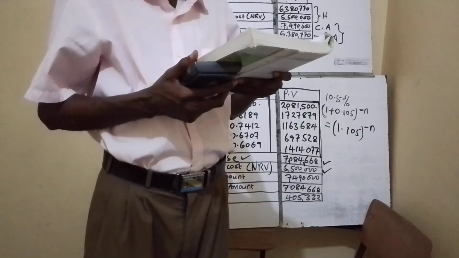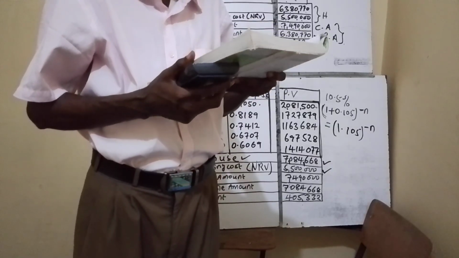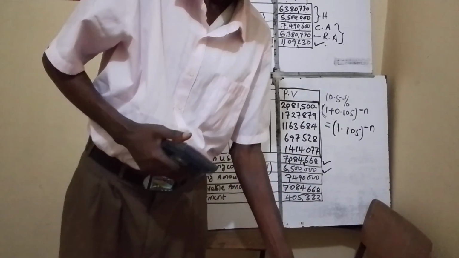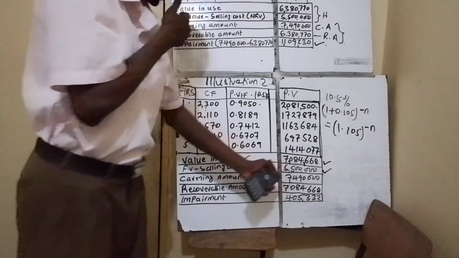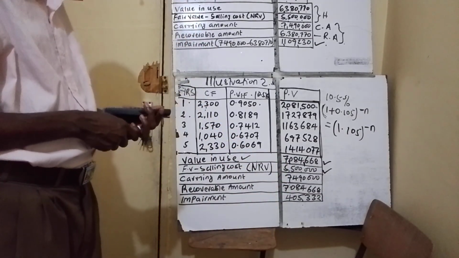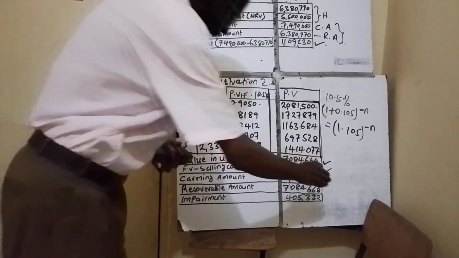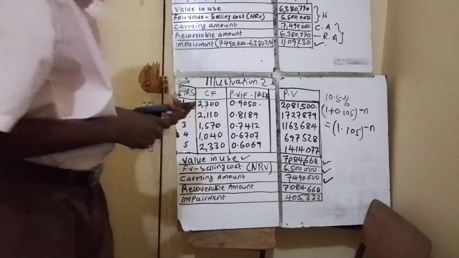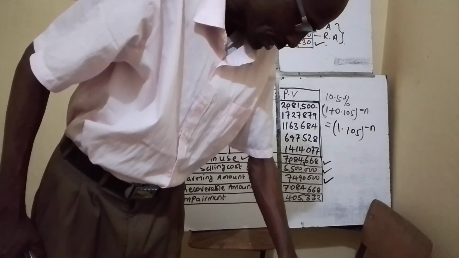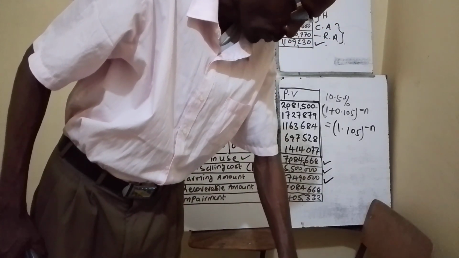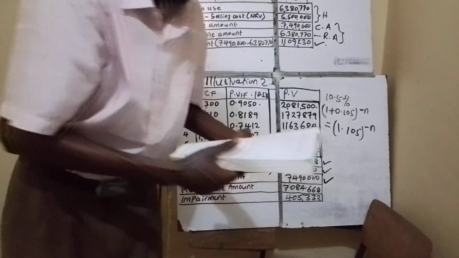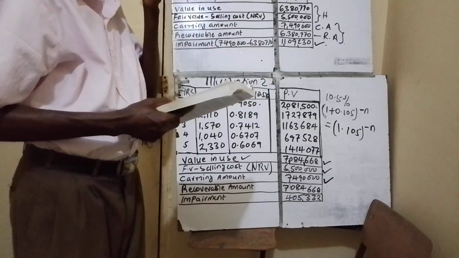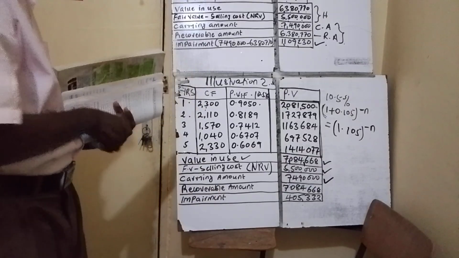So what is our net realizable value? 5.6 minus 100,000, which is 5,500,000. So that is how we got 5,500,000. Our net realizable value is just like for the previous one. Now the carrying amount is the same as the previous one. We were told that ABC Limited owns a manufacturing plant with a carrying value of 7,490,000.